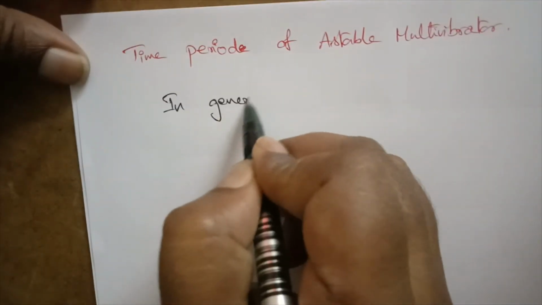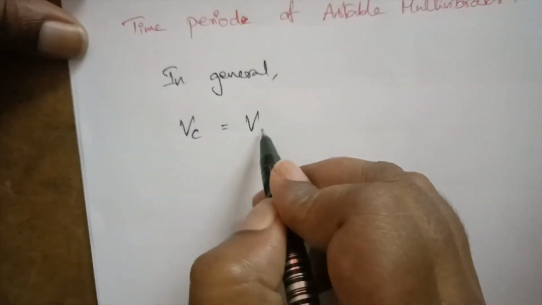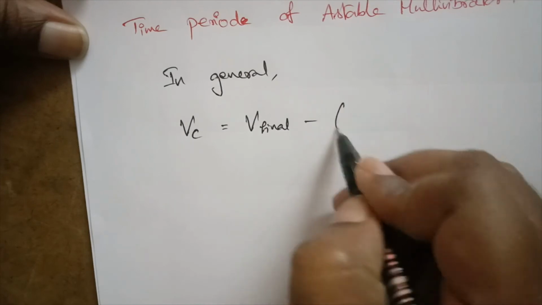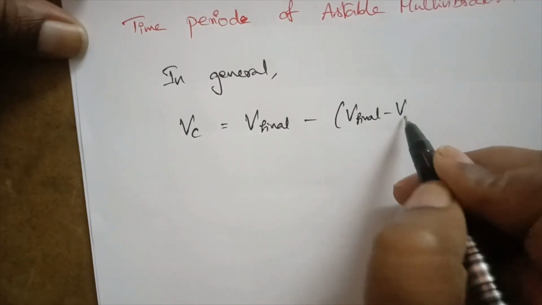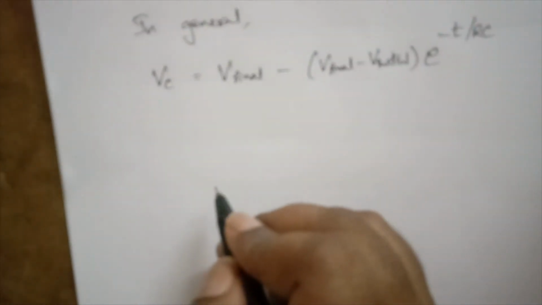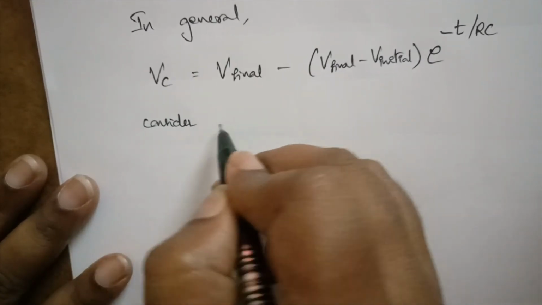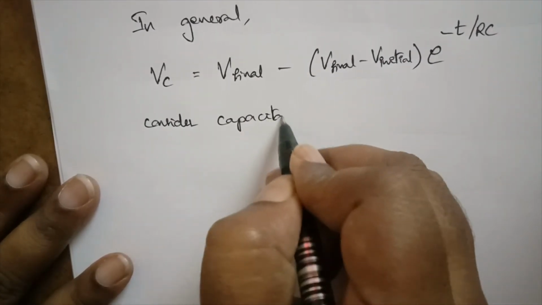First, let us start with the voltage across the capacitor. In general, the voltage across a capacitor is given by Vc is equal to V final minus V initial into e power minus t by RC. Here I consider capacitor C1.